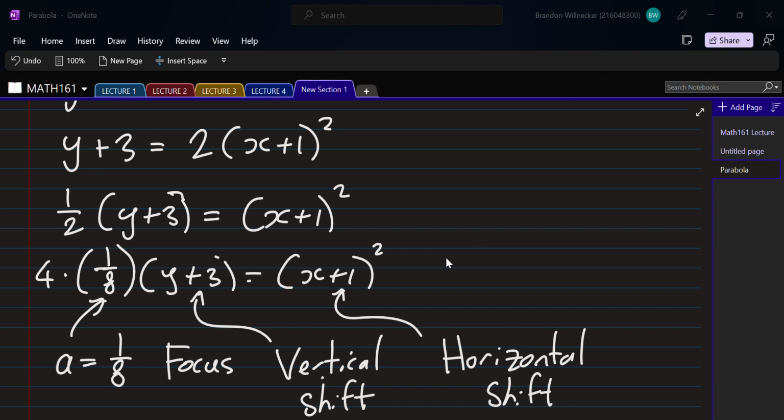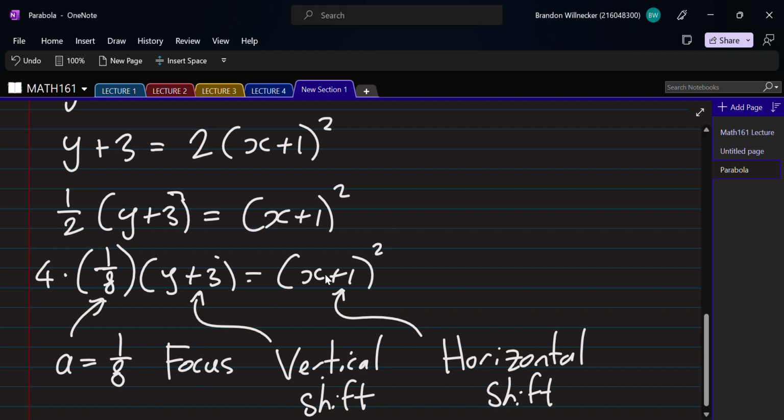Let's look at the shifting. We see here minus 1 and 3. That's exactly what we expected. So y plus 3, that's going to be a shift down. Remember, it's y minus 3 to get y plus 3, so that's a shift down. And then x plus 1 means it's a leftward shift. So the vertex is at minus 1, minus 3.